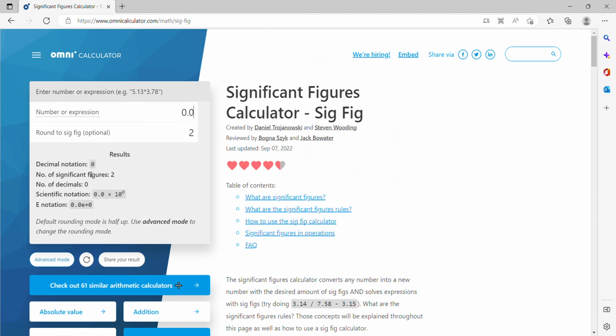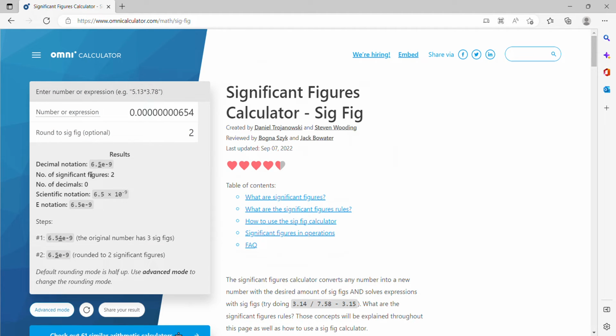And what if we do this? I don't want scientific notation. So, we ignore all these zeros, right? We're not going to circle these. We're going to circle the first two significant figures, as we would call it. And then we're going to look at the 4. Does it go up or down? So here's the result down here.